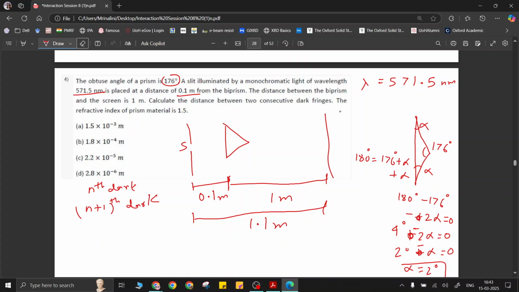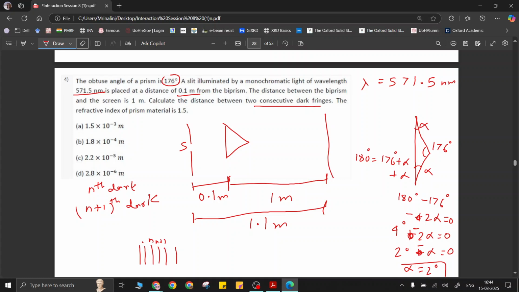Now you should understand what we mean here. In Fresnel biprism we get a fringe pattern, dark and bright, and when we talk about the distance between two consecutive dark or bright fringes, say if this is the nth dark fringe, this is the n plus 1th dark fringe, and this is the n minus 1th dark fringe, then the distance between them means the fringe width of the bright fringe.